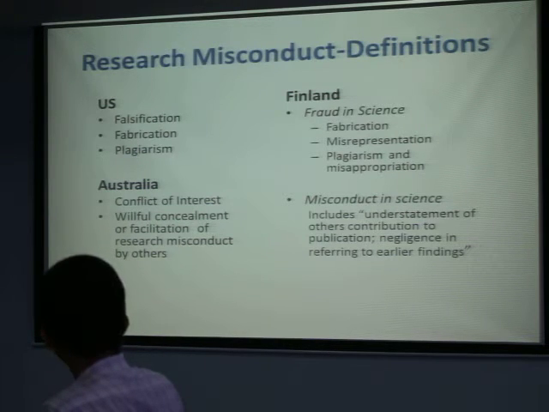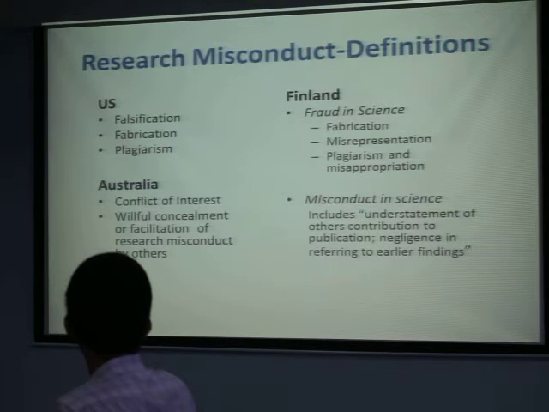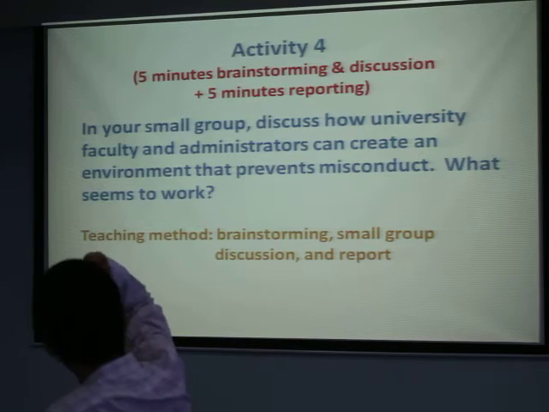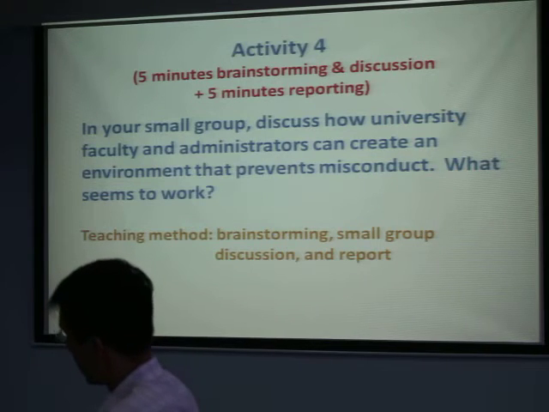So we use research misconduct to talk more about the quality of the data and the science itself. But fraud is still a term that's widely used to talk about poor research data, poor research practices that result in inaccurate data.